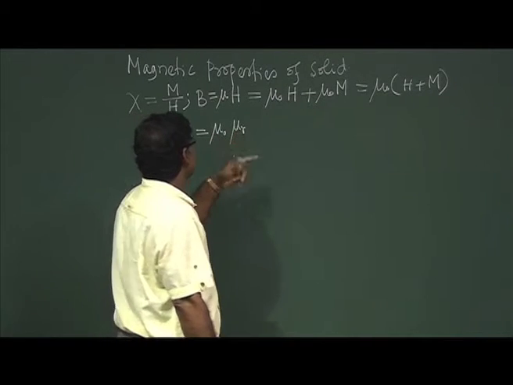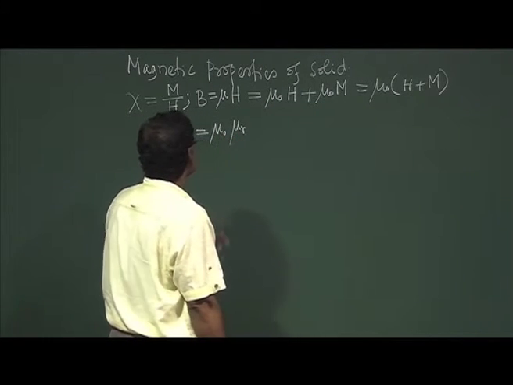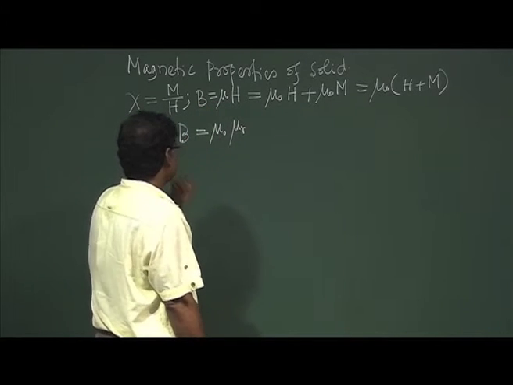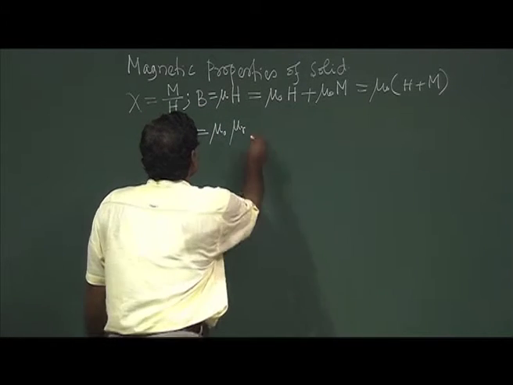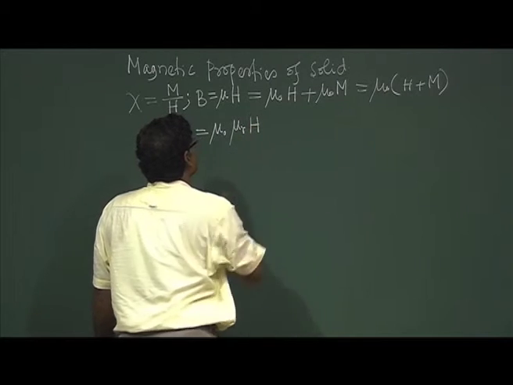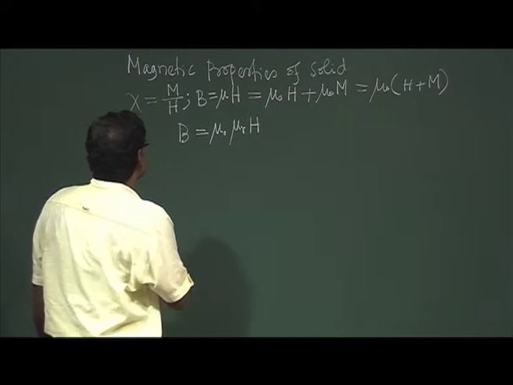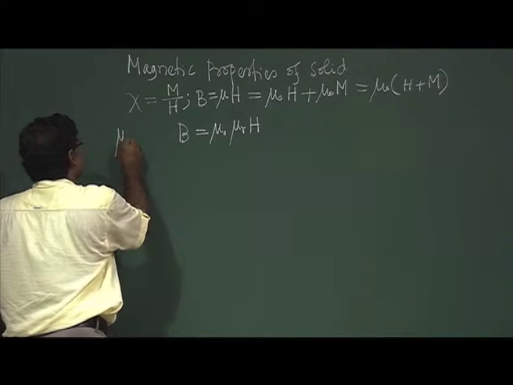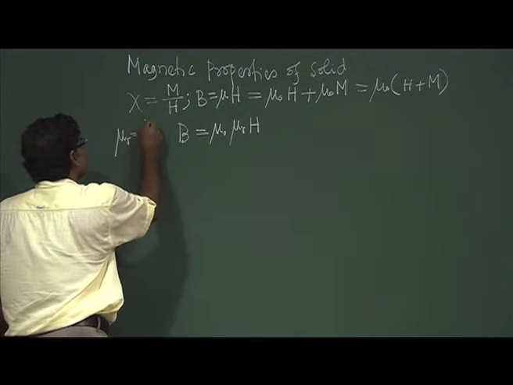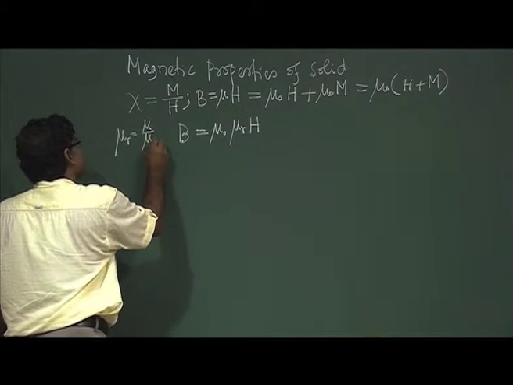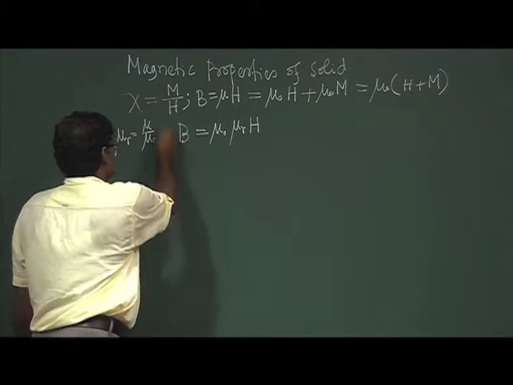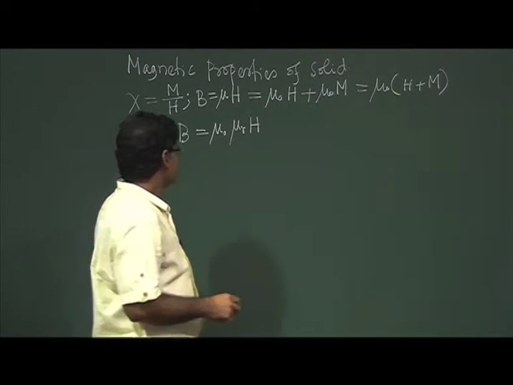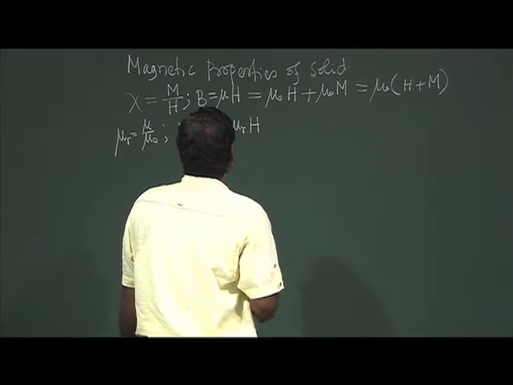So, mu r is defined as mu by mu 0, the relative permeability.